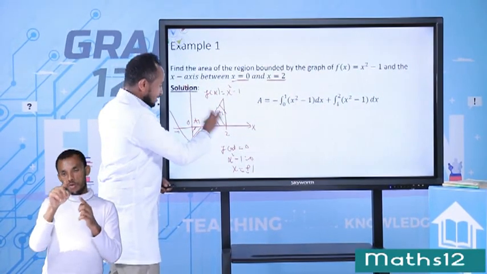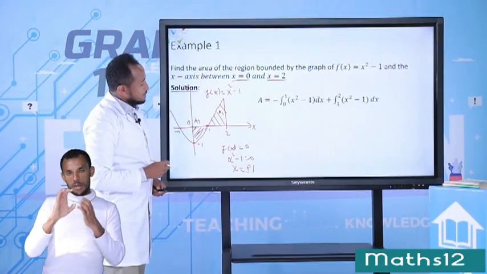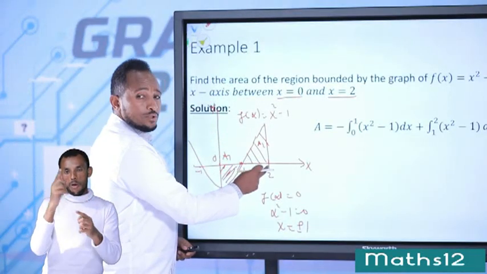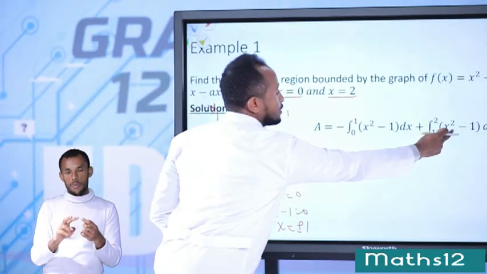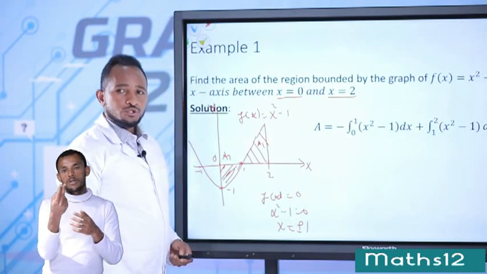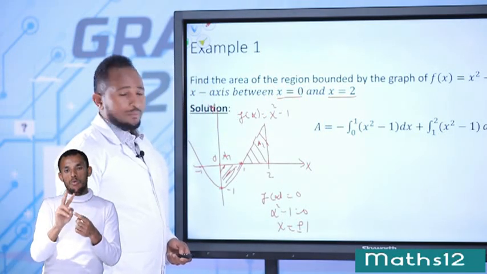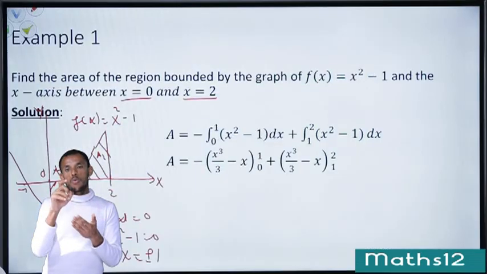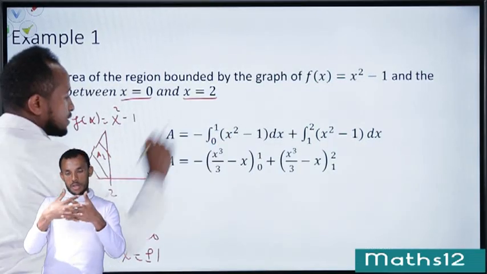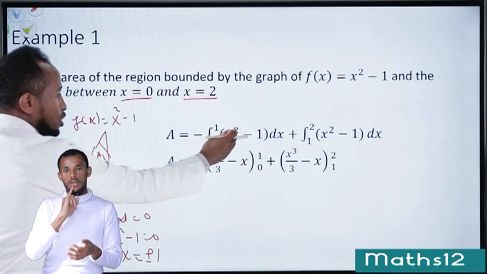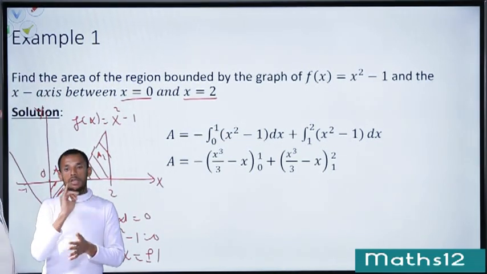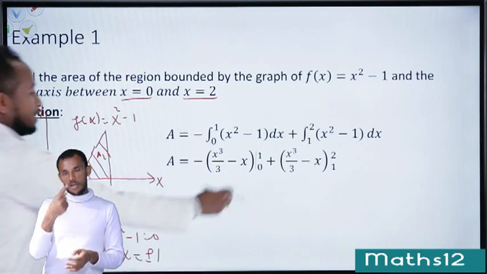Next, plus, you add this area. This area is the integral from 1 up to 2 of the function x squared minus 1 dx. So simply you will have this one. The integration of this is x cubed over 3, and the integration of minus 1 is minus x, on the interval 0 to 1.